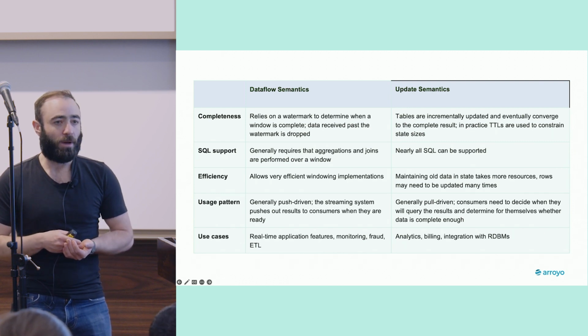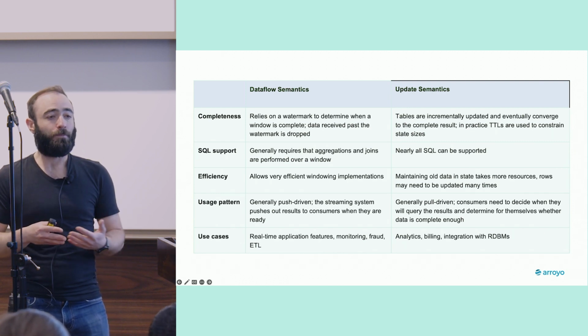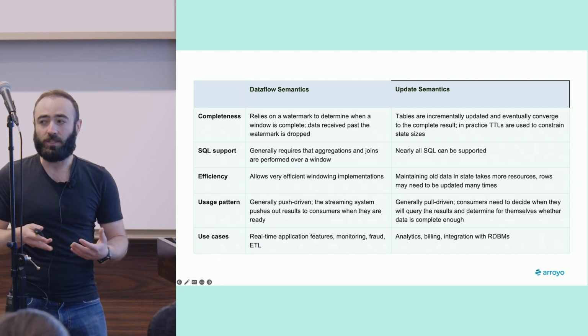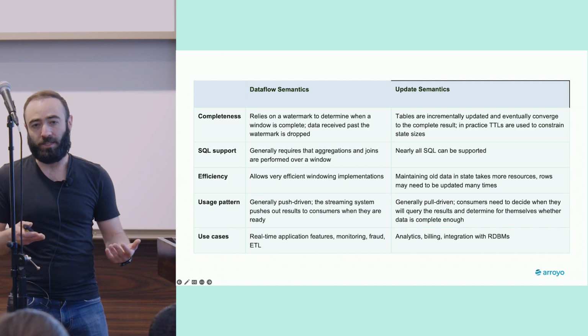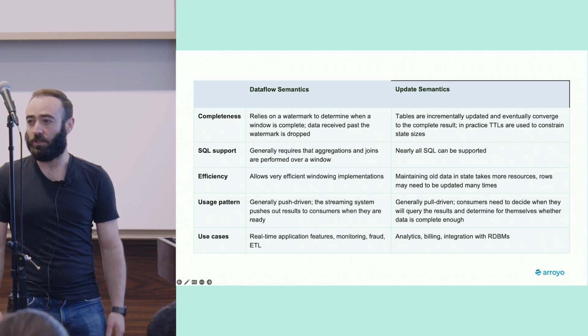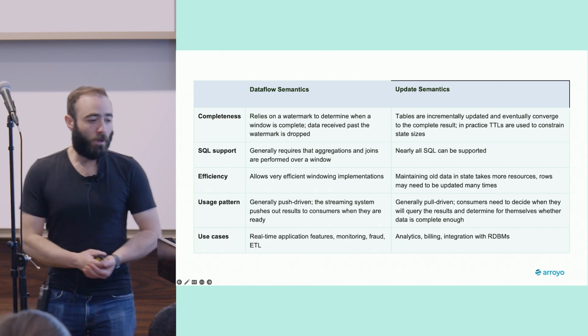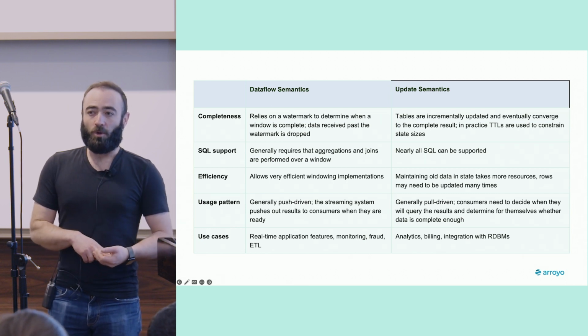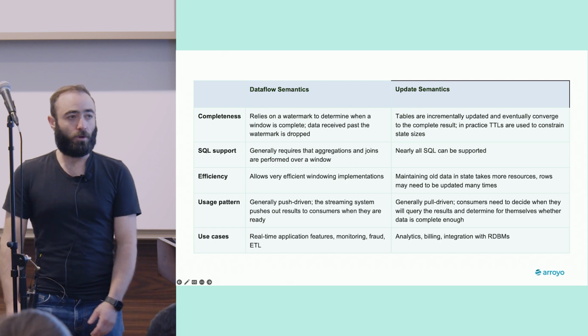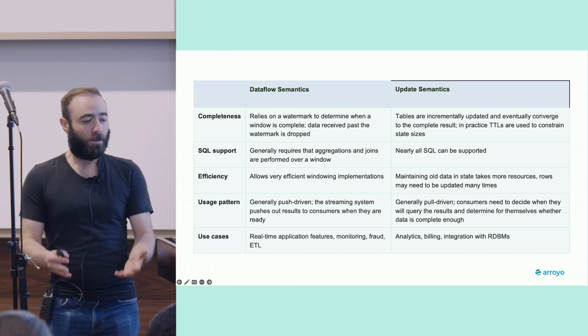So these power real-time applications, things that need to take action on the world. For example, a fraud system that needs to tell you to cancel a transaction or ban a user. And the update systems are often used for more analytical use cases or things that are more poll-driven, where you're querying the state of the table.